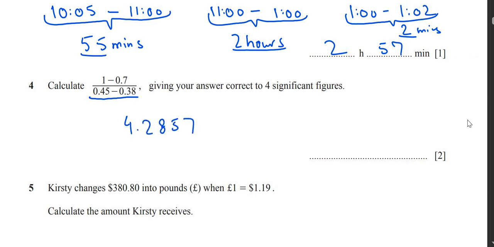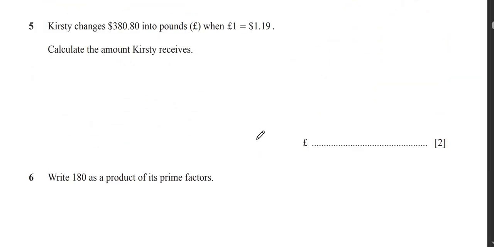Since the question is saying correct to 4 significant figures, look, 1, 2, 3, 4. This is the 4th significant figure. Alright, so you will round off 5. It will become 4.286. Perfect.